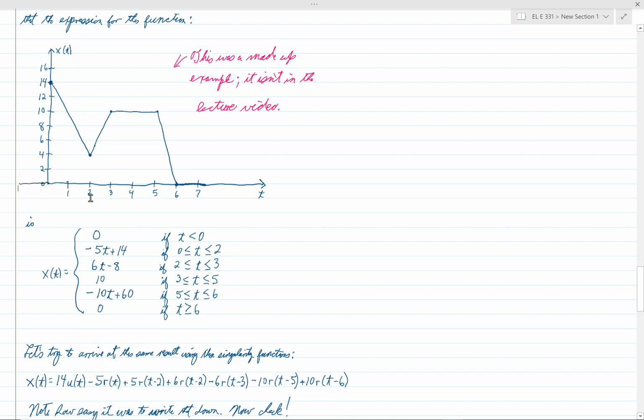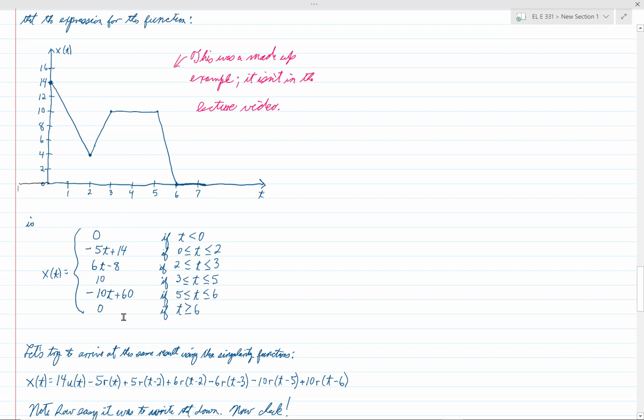Now, the way that I like to do this is I think of it as follows. The -5r of t is what's making this go down. So the first thing I'd like to do is to flatten that out, to undo the downward slope. And the way to do that is, since I have a -5 ramp, I'd have to have a +5 ramp.